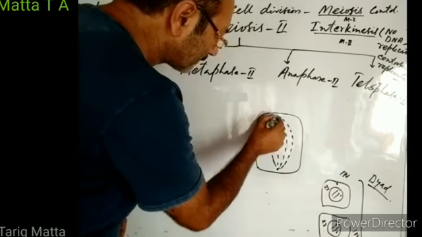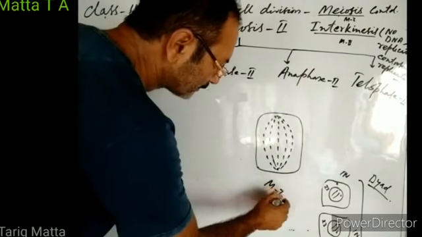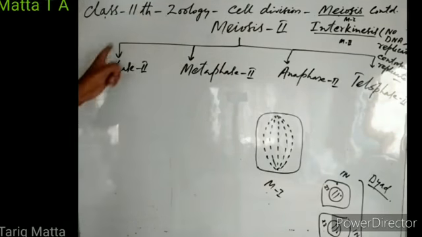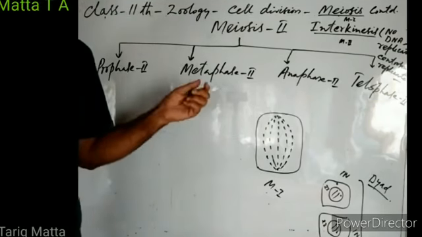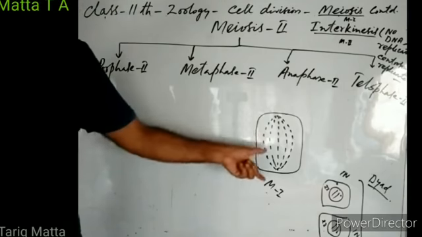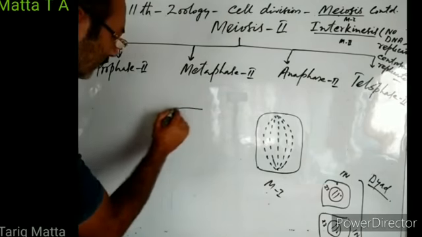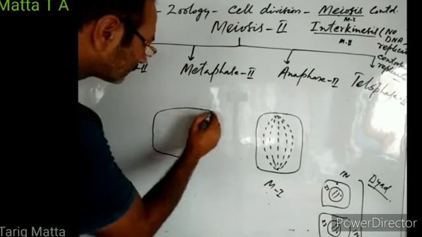This was the meiosis first spindle. In meiosis second, the spindle is perpendicular, or at right angles, to the spindle of meiosis first. So in meiosis second, the spindle will be formed like this.